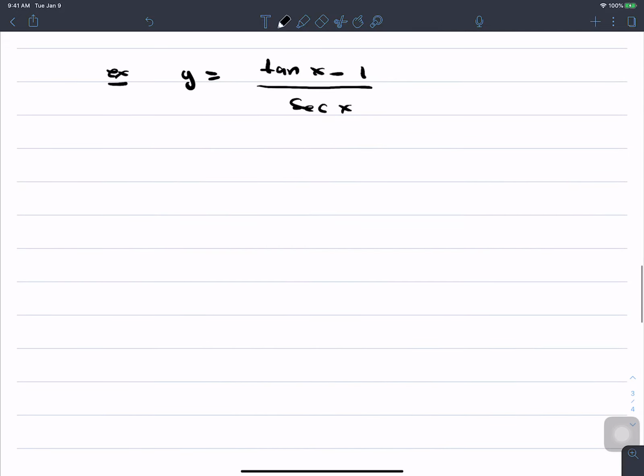So let's give you another. How about this one? So y is tangent x minus 1 over secant x. So y prime will be d/dx of tangent x minus 1 over secant x, and quotient rule.